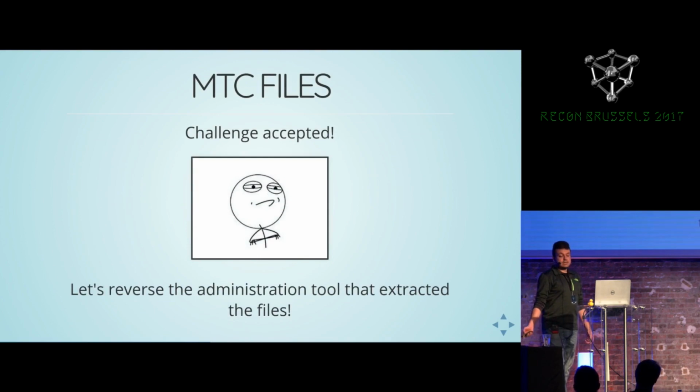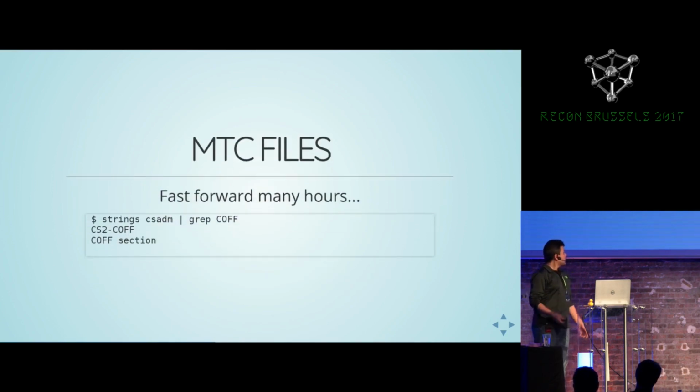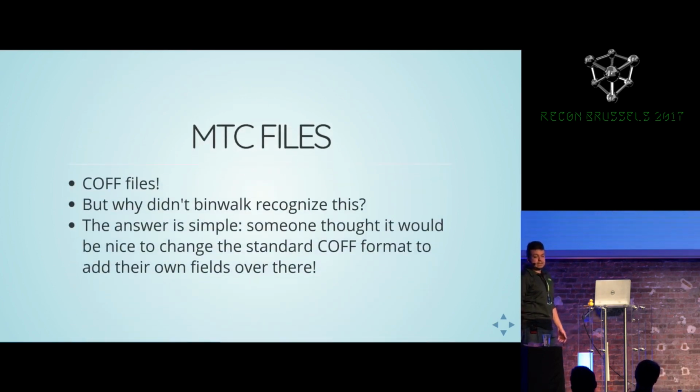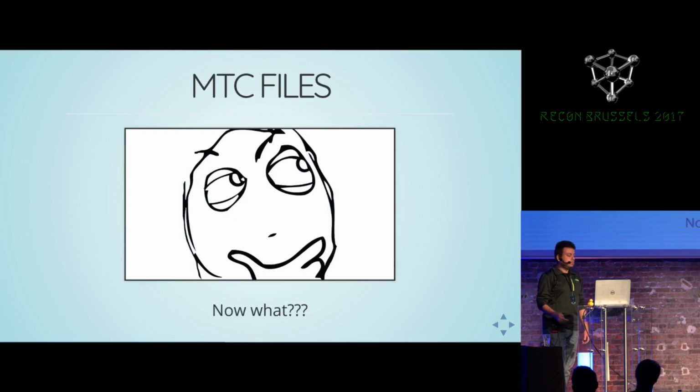Okay, let's reverse the administration tool and see if we can find any info inside. After some hours, we could find these strings. So they should be COFF files, but why didn't Binwalk recognize this? Someone thought it would be nice to add their own stuff inside the standard COFF format. Okay, so now what?